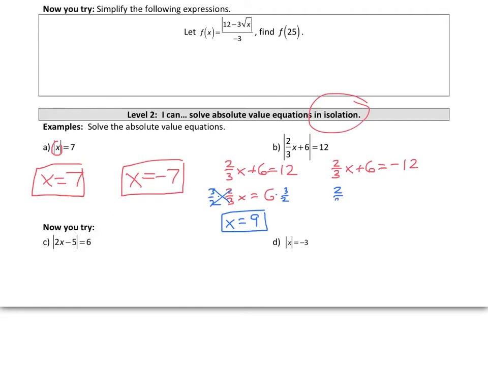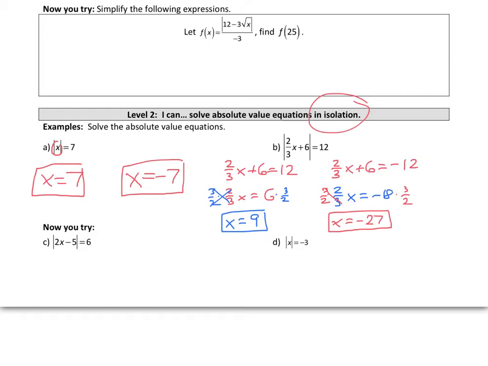You get 2/3 x equals negative 18. And then when you multiply by the reciprocal, same thing, 3/2, you get x equals negative 27. And you're done. Okay, so take a minute, see if that makes sense. Try the other 2 on your own.